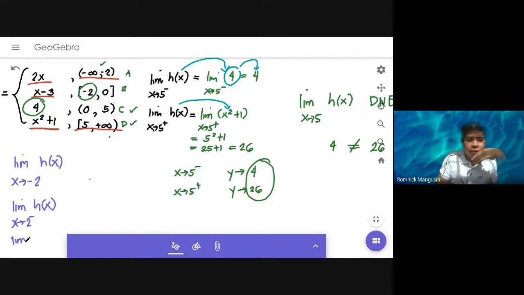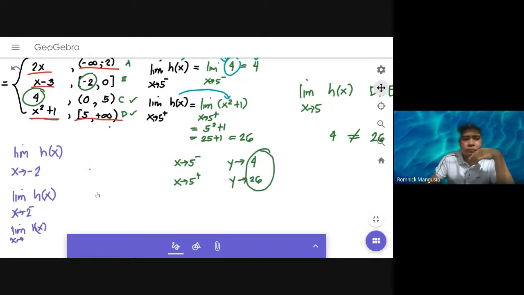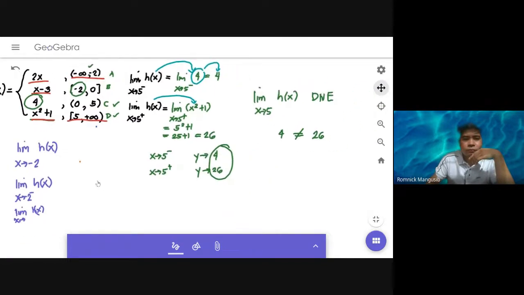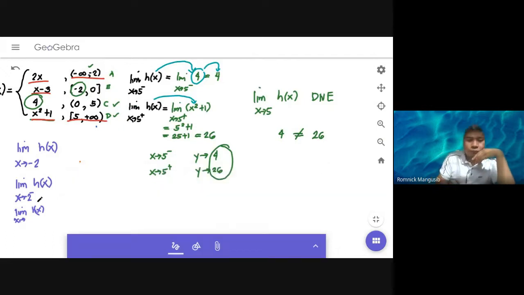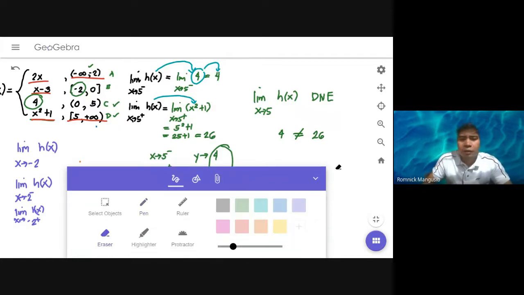And what about the limit of h of x as x approaches -2 from the right? Okay, sulat ko ulit.